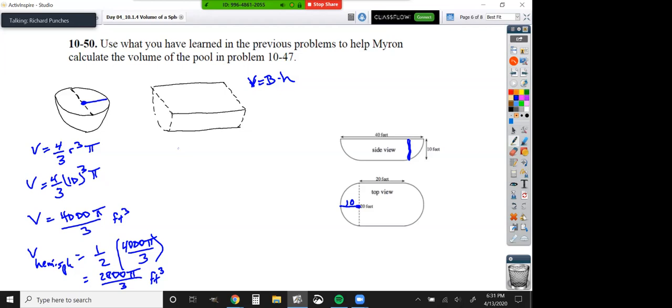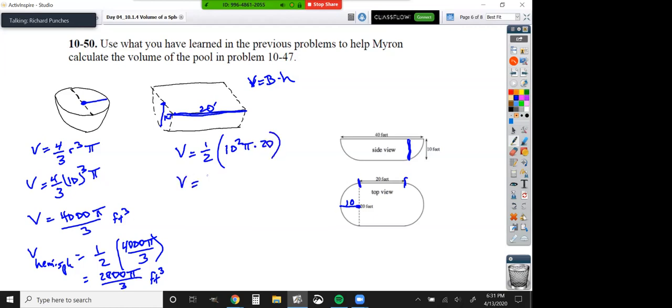This problem, to find the volume of this half cylinder, we're going to take half of the base area. So we have a radius of 10. So that's going to be half of a 10 squared pi times the height. If you were to turn this over on its side, it would stand up 20 feet tall, because we know that from here, times 20, there's the height.